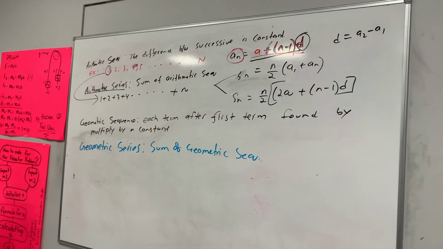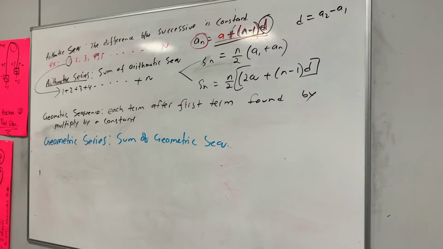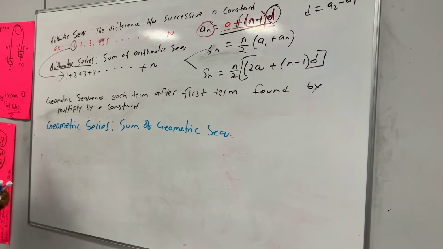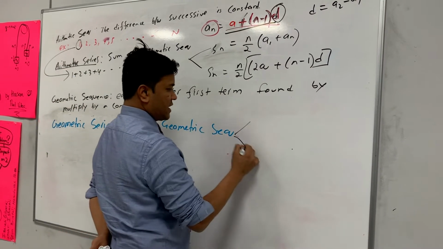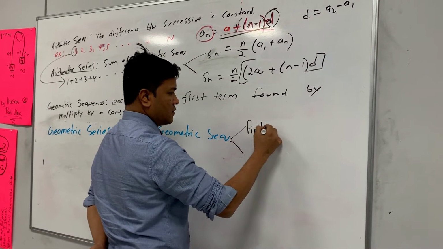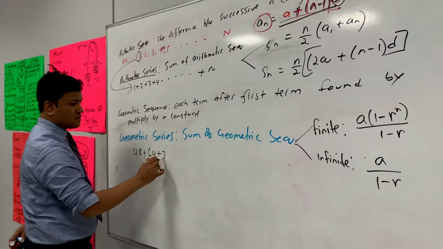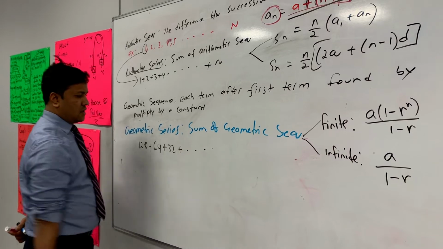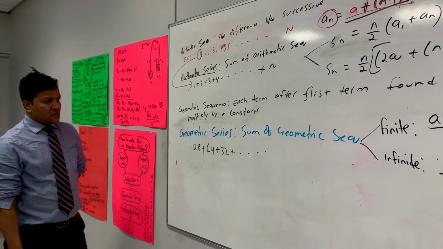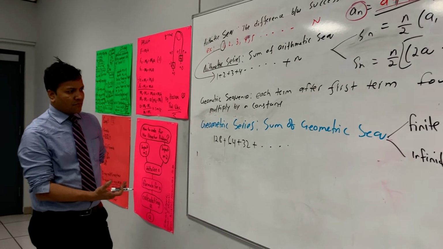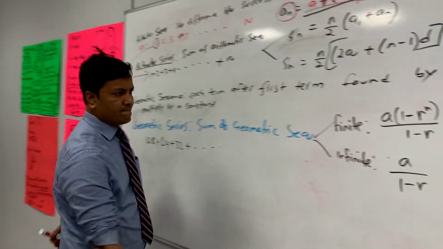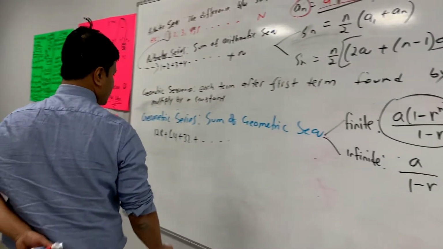Okay. All right. So now how can we write the equation? There are two. One is finite, one is infinite. All right. So this one, let's use the finite one to solve this problem.